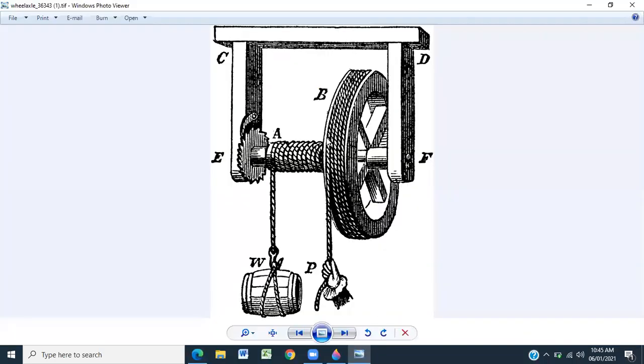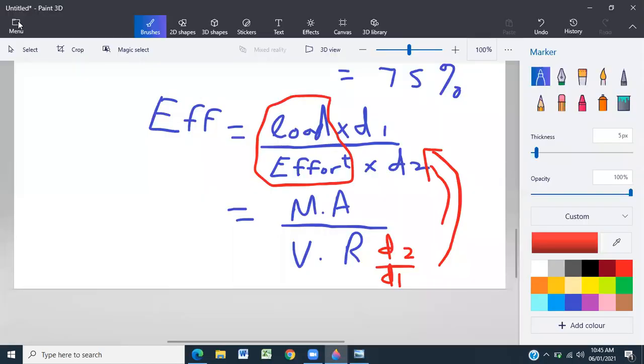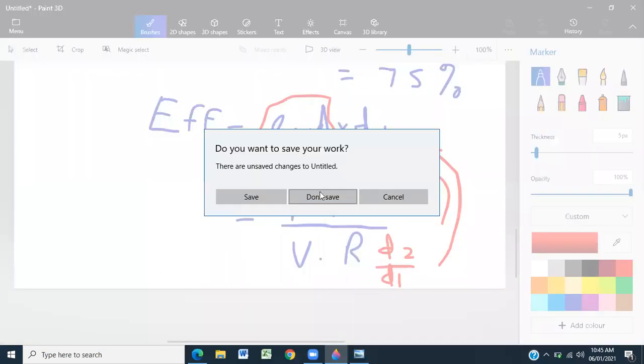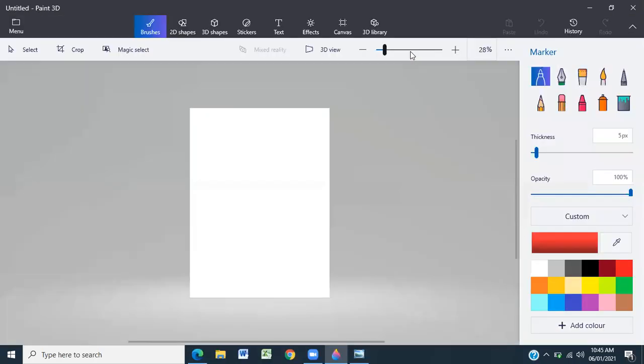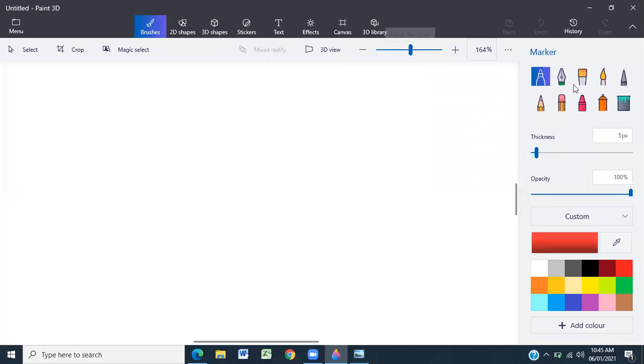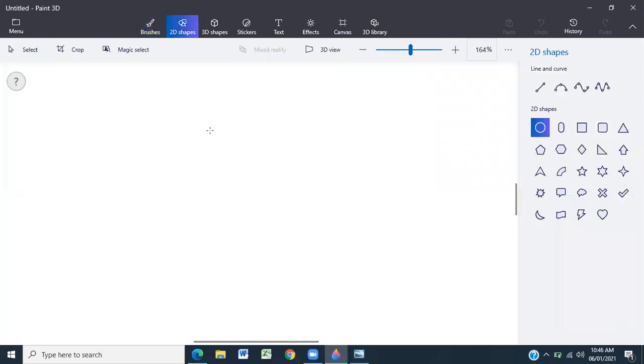if we were to look at this closely, it's just a rope coming around the wheel, right?